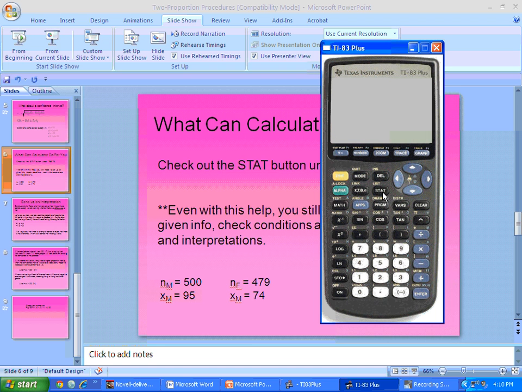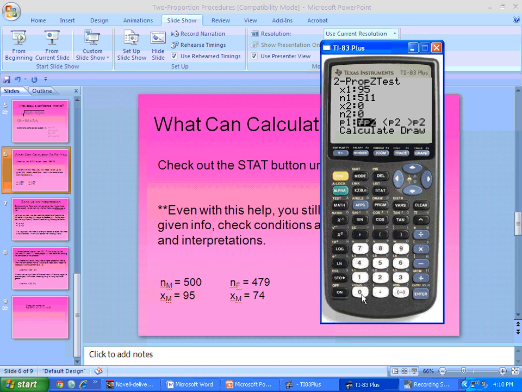Check this out. We're going to go to Stat, over to Test. Now remember, this is a 2 proportion, so we're looking for 2 proportion Z-test. Okay, calculator wants to know the data, so our X1 would be 95 out of 500.